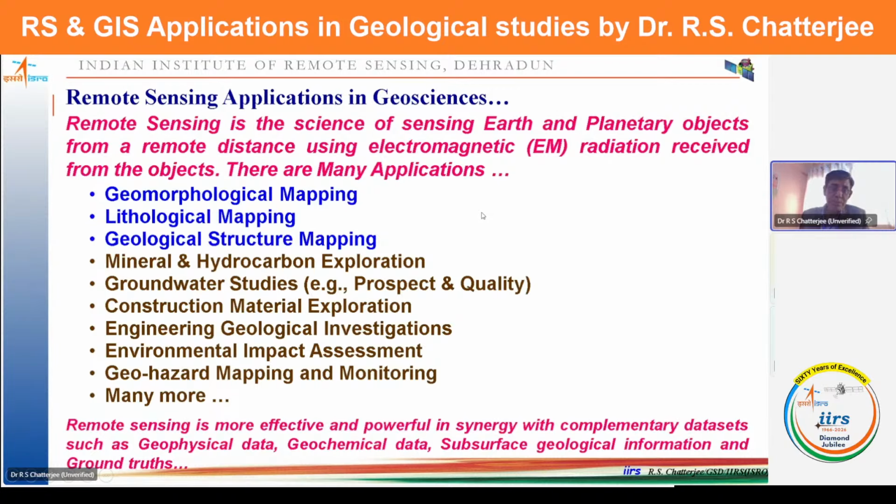Then lithological mapping, that is mapping of the rock types in the earth crust. And geological structure mapping, that is the mapping of the structures developed due to deformation, due to tectonics.